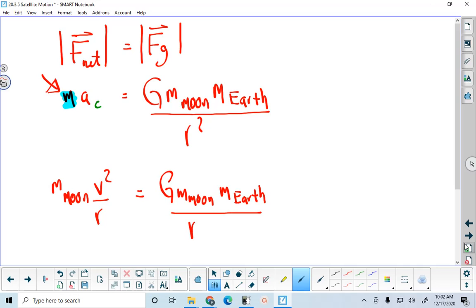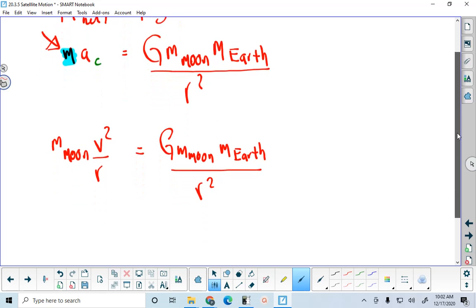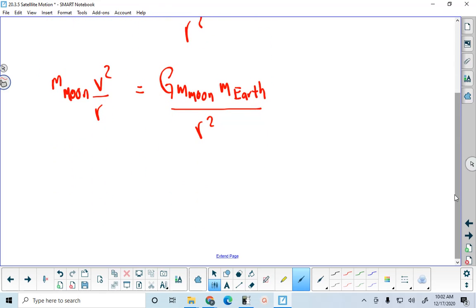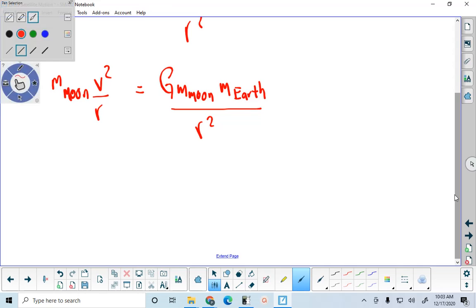And now we have just a little bit of algebra to take care of. Again, I mentioned this to you the other day. We have gone from putting numbers into little formulas to building big formulas and then putting numbers in. The first thing that we can do is cancel the mass of the moon from both sides by dividing both sides by the mass of the moon.